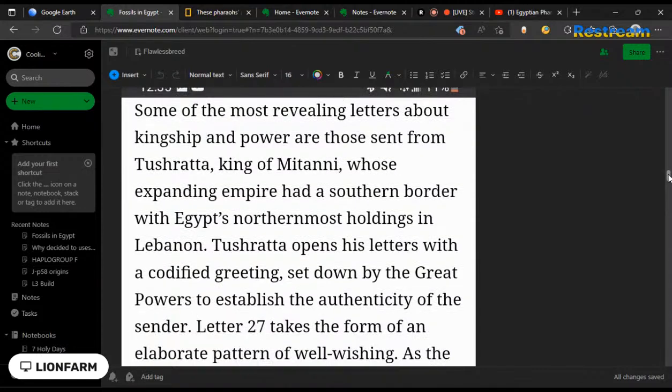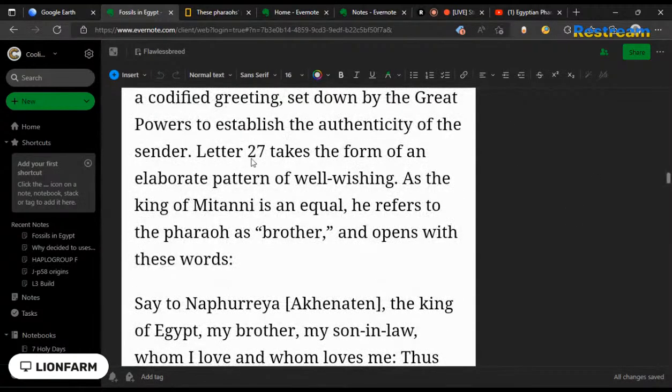But what's interesting is the Mitanni, right? Why is this important? Because I'm going to point something out with the genetics, that the Mitanni had some connections going down into Egypt. Now, this is what's important. The Mitanni, as it says right here, the king of Mitanni. I'm just going to skip down to some of the highlights on letter 27. Basically, it talks about how the king of Mitanni makes himself equal with the pharaoh and calls himself brother, pretty much.